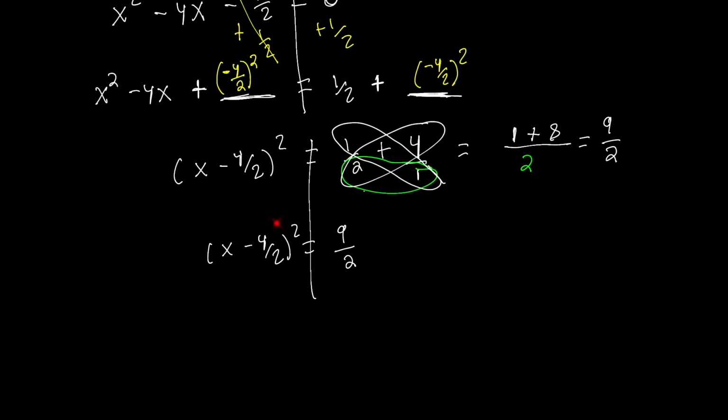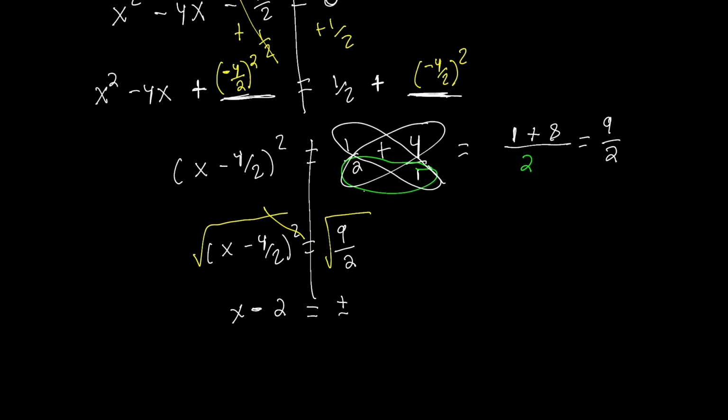To get rid of the square, we've got to take the square root of both sides. So square root on the left and square root on the right. On the left, the square and the square root cancel out, leaving me with the x minus, and I'm going to simplify this now. 4 divided by 2 is 2, plus or minus the square root of 9, that's going to be 3.